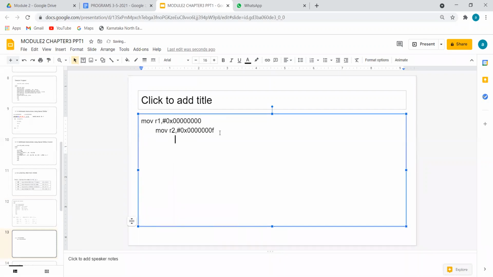The first number has 8 zeros: 1, 2, 3, 4, 5, 6, 7, 8. So please imagine each number as a combination of 4 bits. Then only we will get a 32-bit number. Like this.